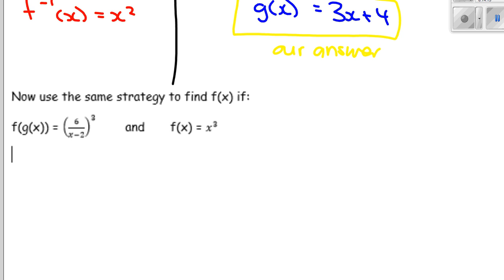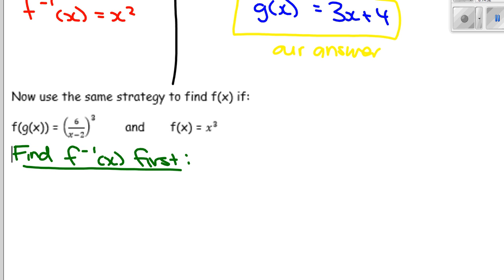So this business, what do we need to find first? The inverse, yes. So find f of minus 1 of x first. So we go, original one is y equals x cubed.